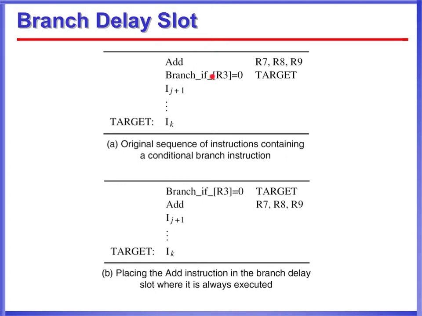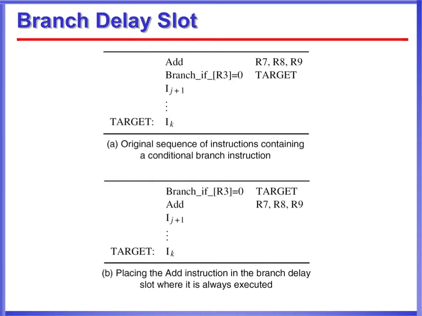So in a case like this, you'll see that this add instruction up here has really nothing to do with this instruction here, right? This one is adding R8 to R9, putting it in R7. This one is checking the contents of R3, okay? When this program was written, the programmer obviously wants this instruction to be done, regardless of whether we're branching or not, right?